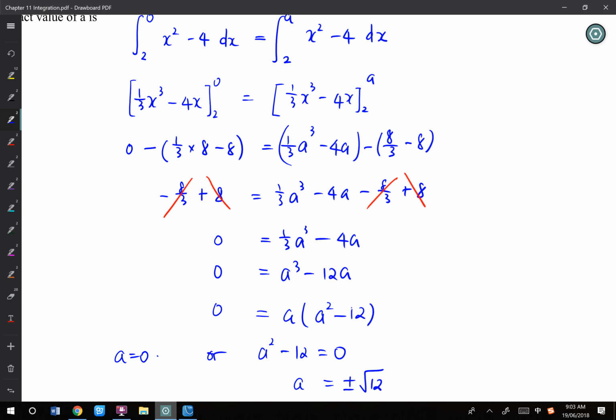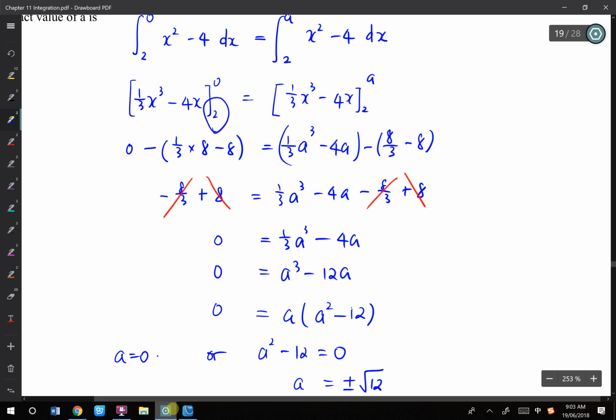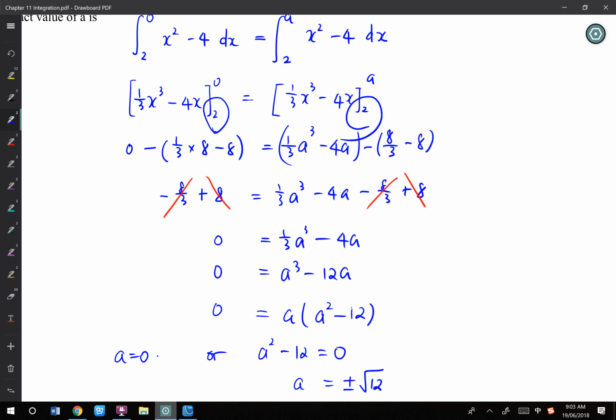Actually, I think all the numbers can be cancelled, because you can see 2 is at the bottom on this one, and 2 is also at the bottom on that one. So when I sub in the 2, the F(2) can be cancelled on both sides. You have minus F(2) and minus F(2), so they get cancelled. Then you have F(0) equals F(A).